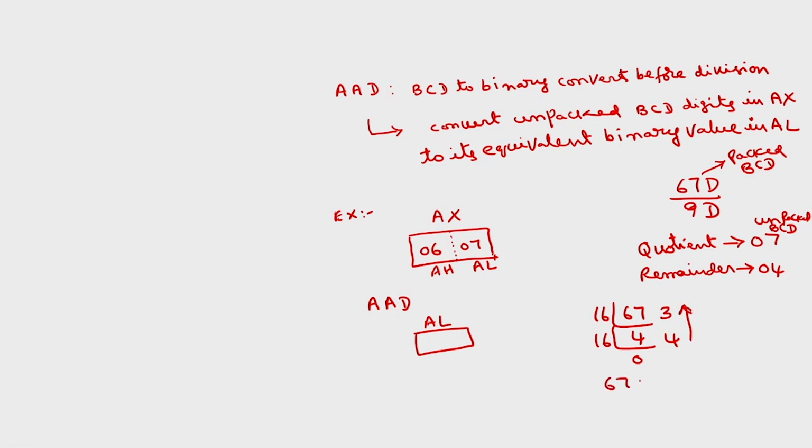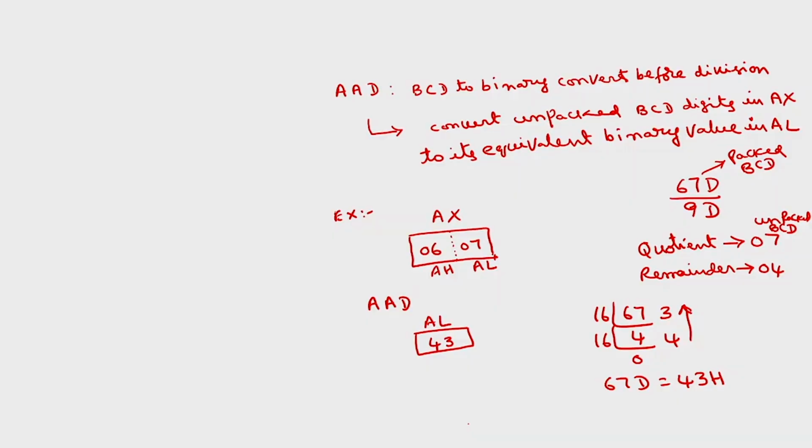So, 67 decimal is equal to 43H. In AL, 43H will be present. This is about the AAD instruction. It basically takes two unpacked BCD digits in the AX register, and the binary equivalent, meaning hexadecimal equivalent, will be stored in AL.